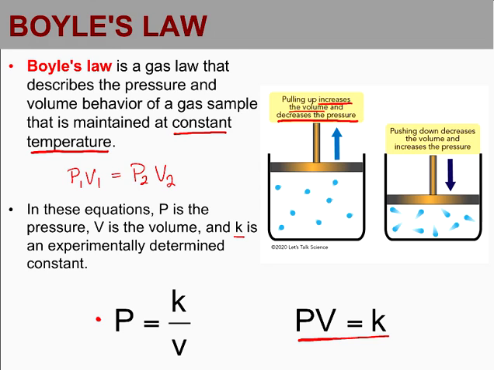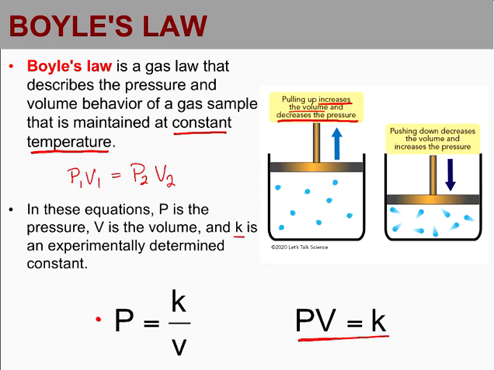The gas will have more room to move around, so it's not going to collide with any surfaces as often. Typically when we're building up pressure, it's because a gas is hitting things really rapidly and energetically. So if there's more room for a gas to spread out, then that's going to decrease the pressure of the overall gas.